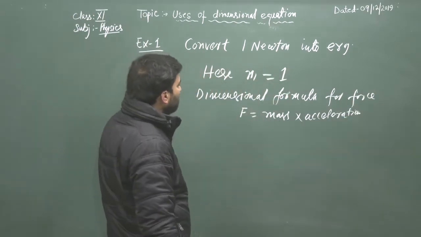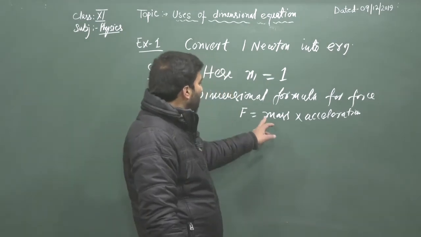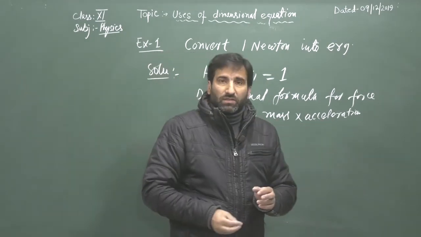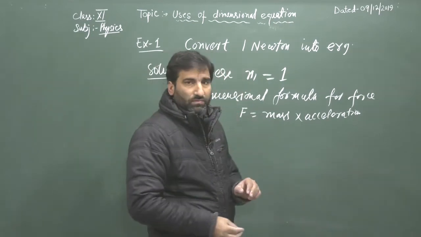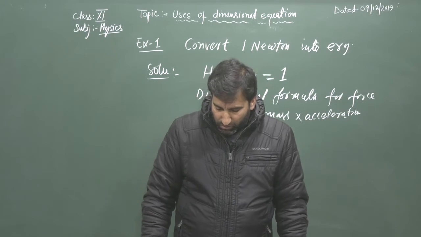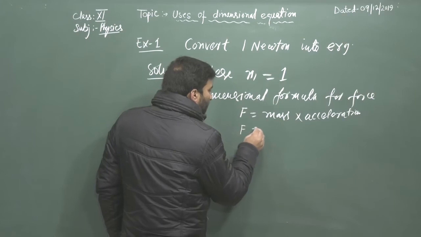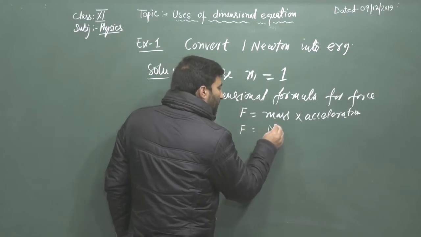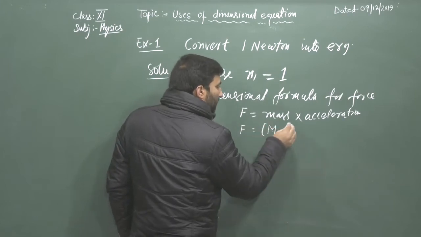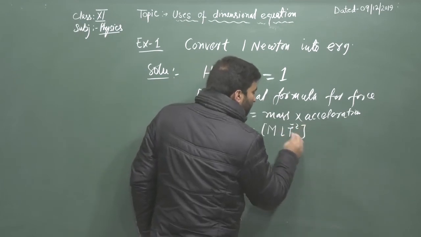Mass into acceleration. So dimensions of mass and dimensions of acceleration come in the force. So F is equal to dimension of mass M, and dimension of acceleration is L T to the power minus 2.